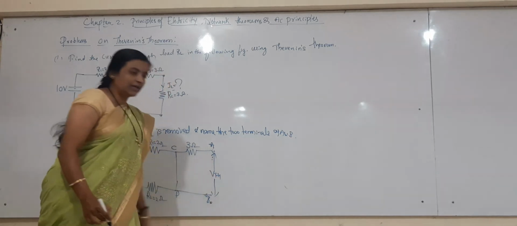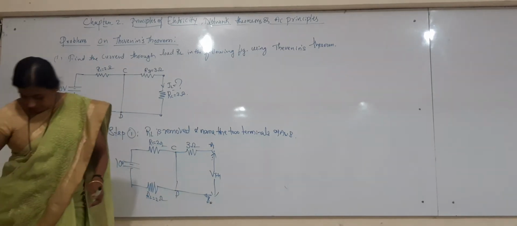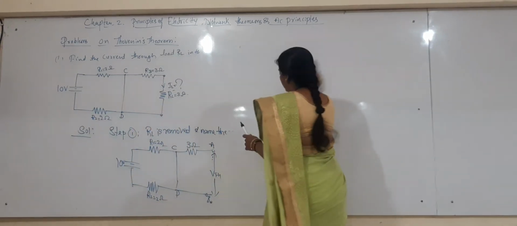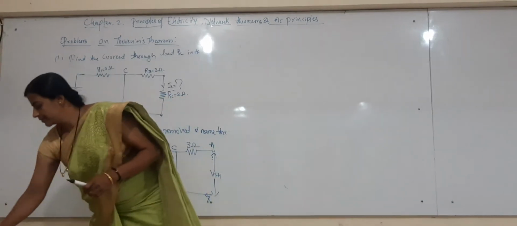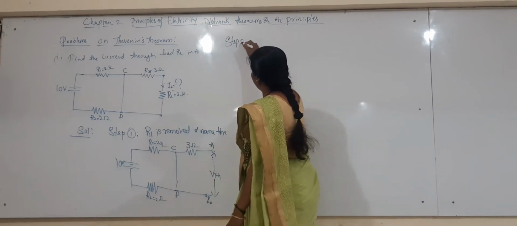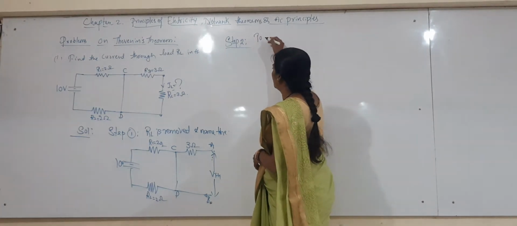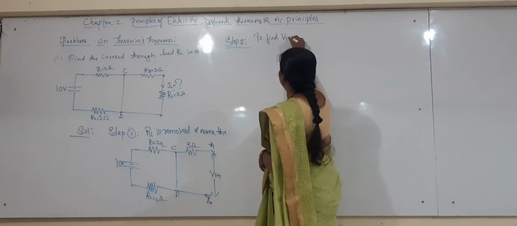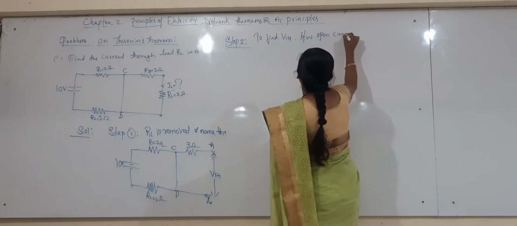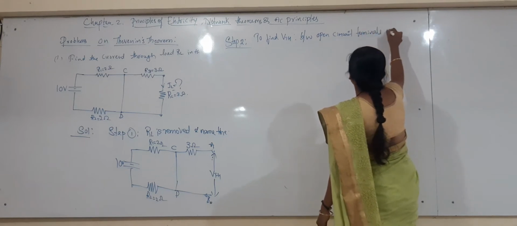So step 2 is to find VTH between the open circuit terminals A and B.